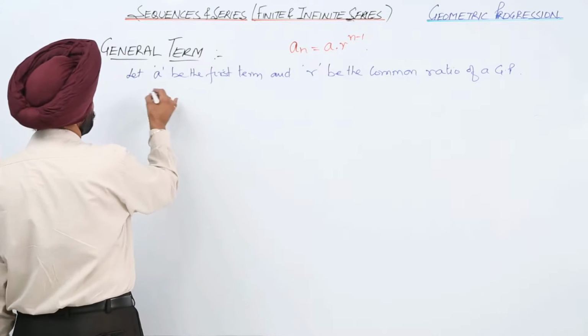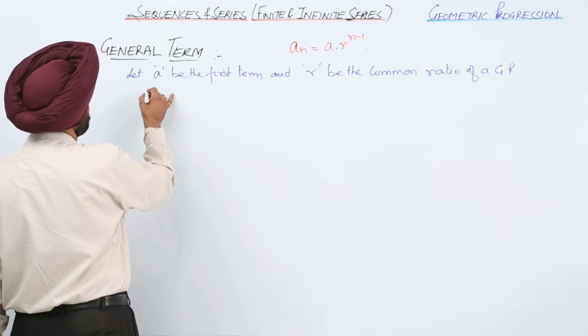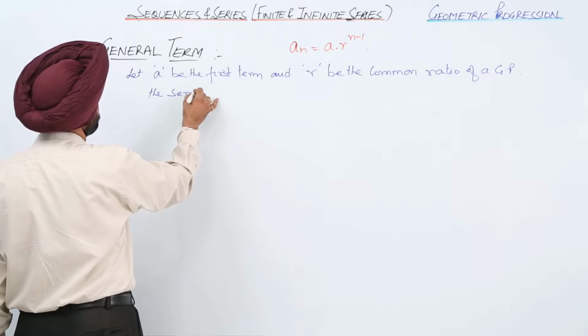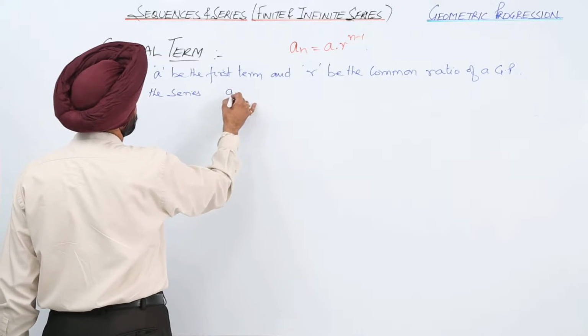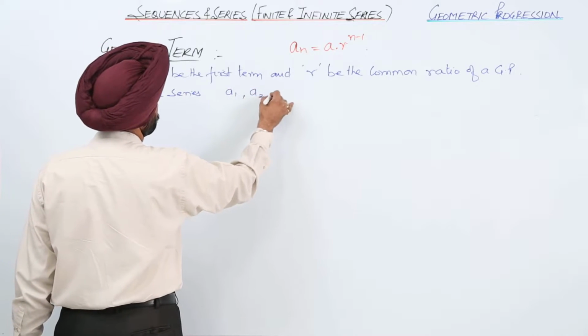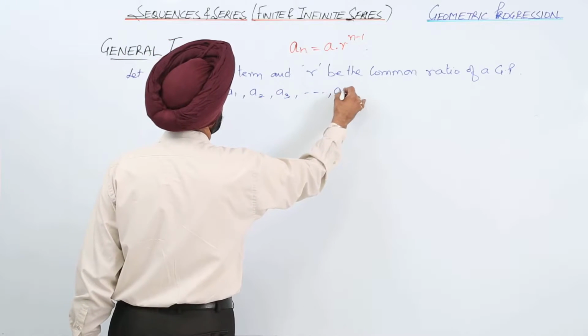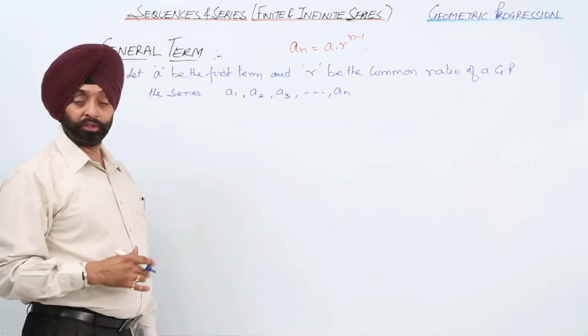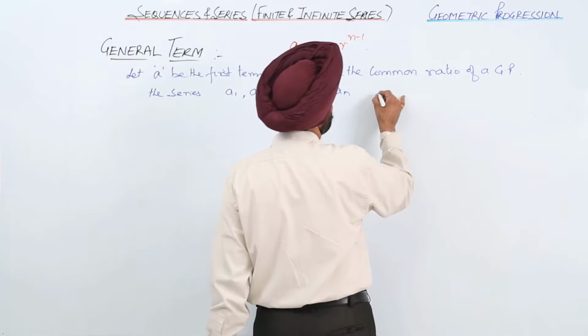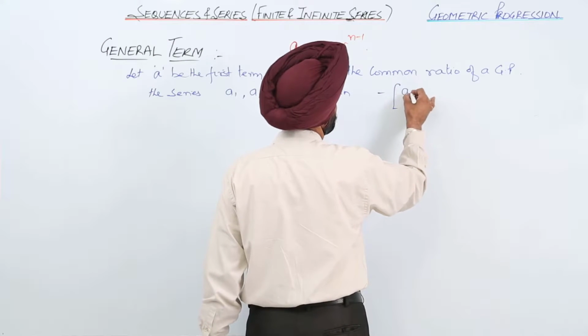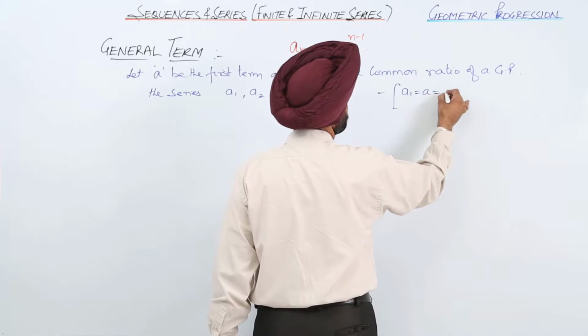Okay. Now here the series is A1, A2, A3, AN. This will be the series. Now what is A1? A1 is equal to A, the first term.